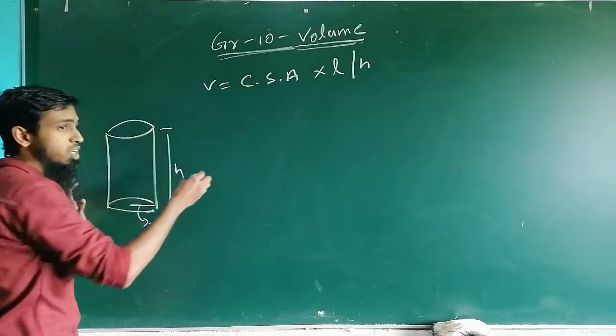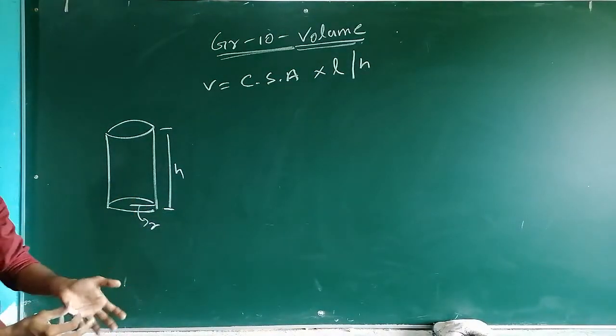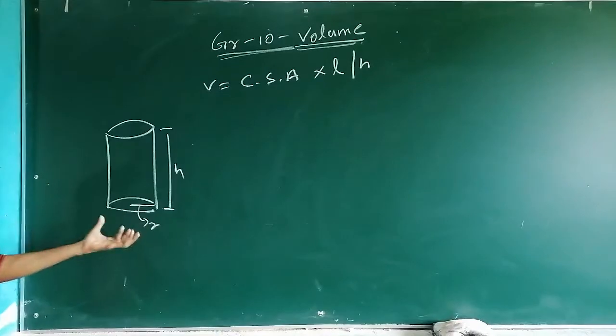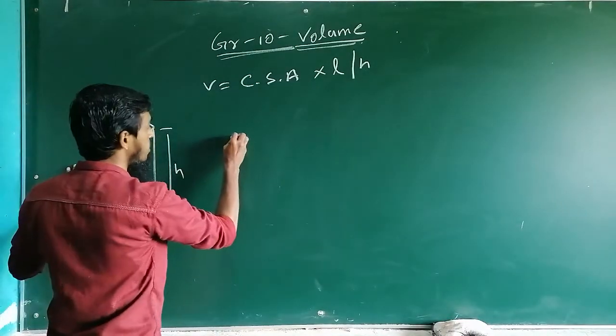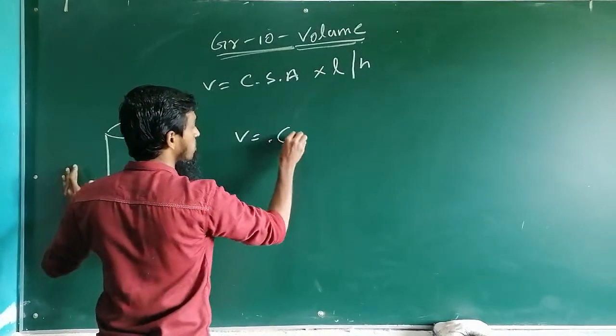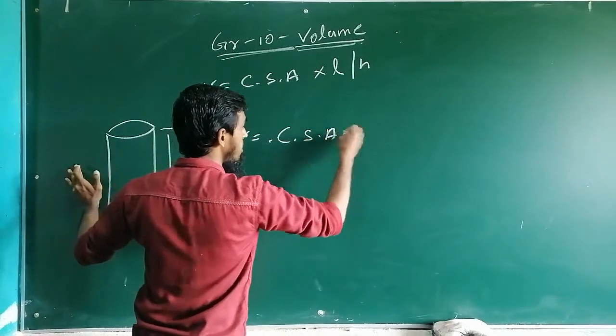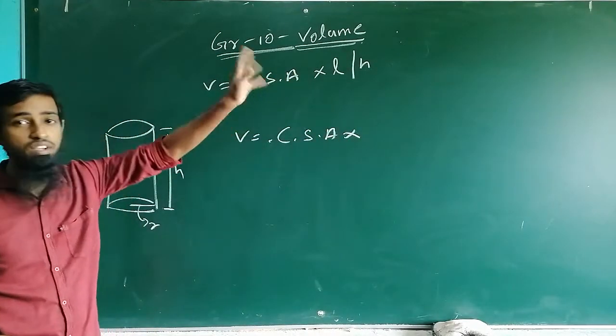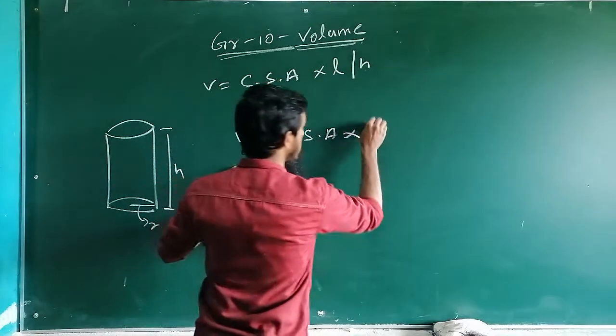From this basic equation we can derive the volume of this cylinder. So volume equals cross-sectional area into, here we are considering height, length or height. So we are considering height here.